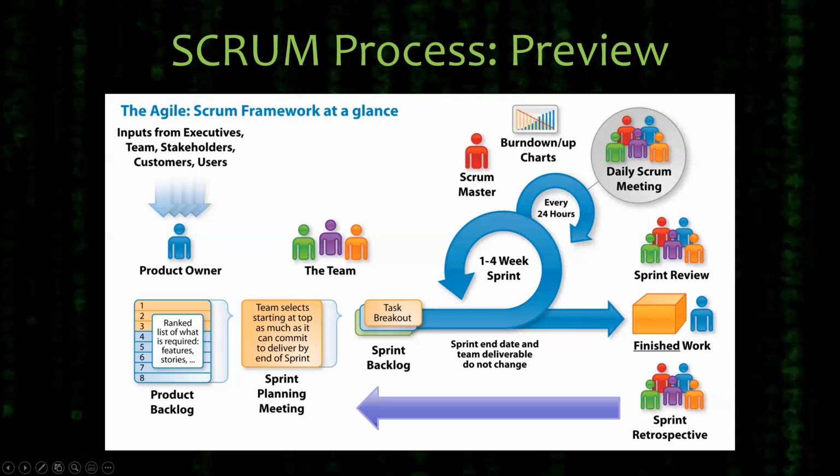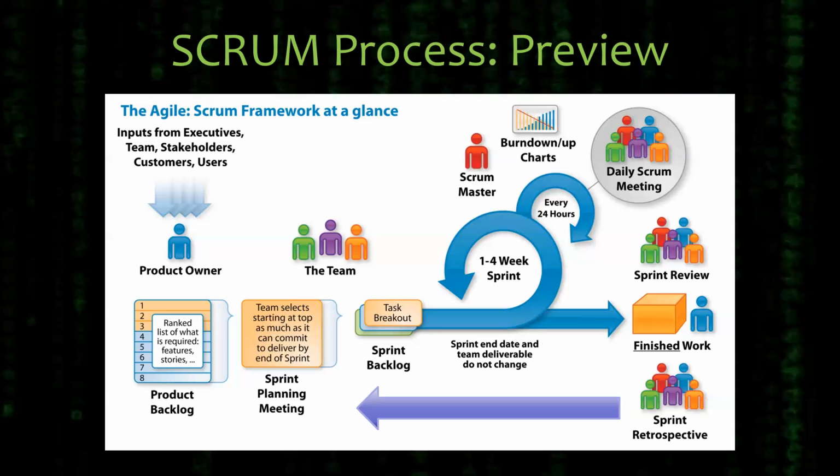If you look at the entire process, you have the inputs from the stakeholders, the teams, the executives, customers, and users. There will be what we call a product owner, whose role we will look at later. Kesar spoke about the product backlog.